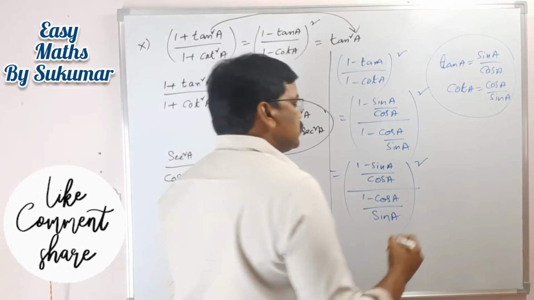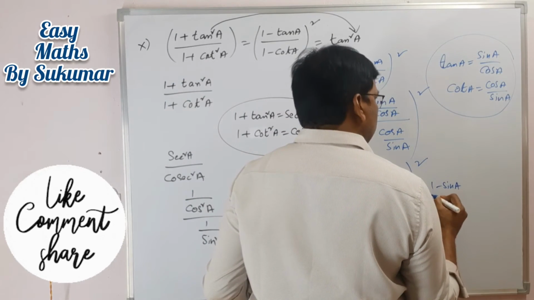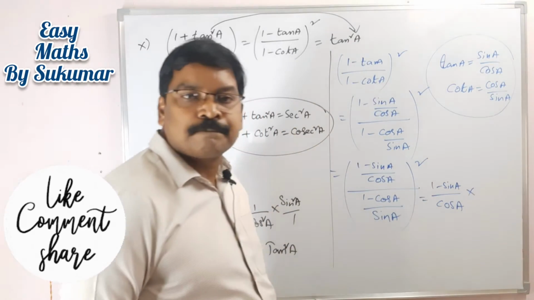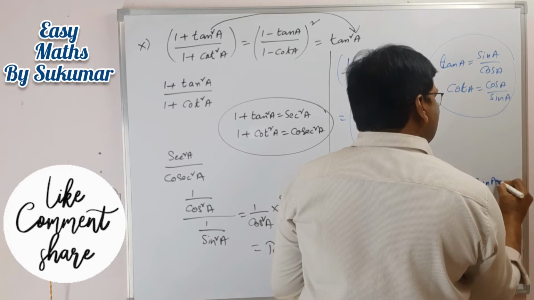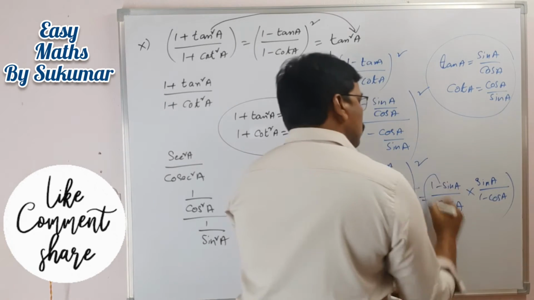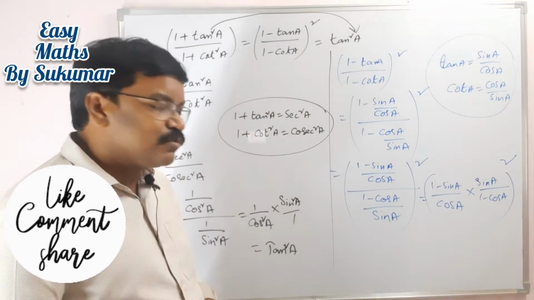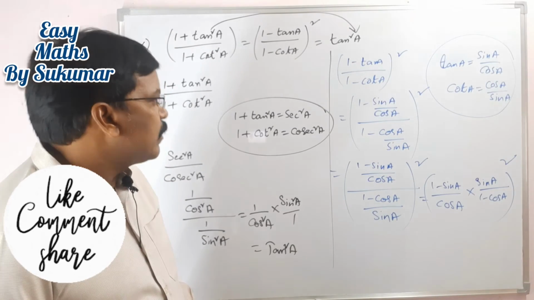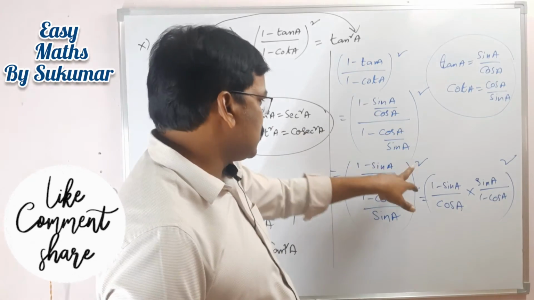Right. So, this is equal to 1 minus sin a by cos a into the reciprocal, that means sin a by 1 minus cos a whole square. Now you can cancel this 1 minus sin a and 1 minus cos a by sin a.